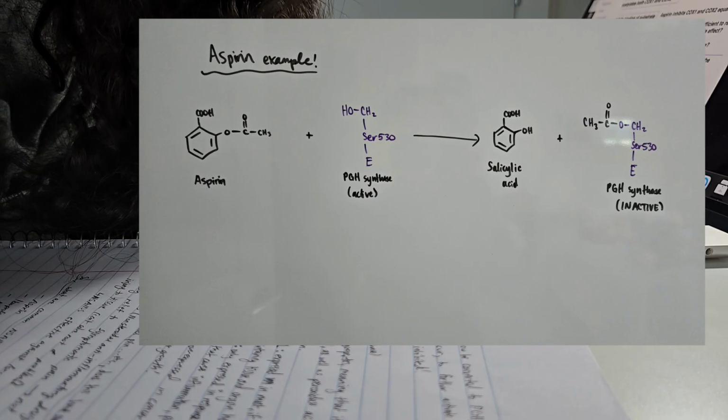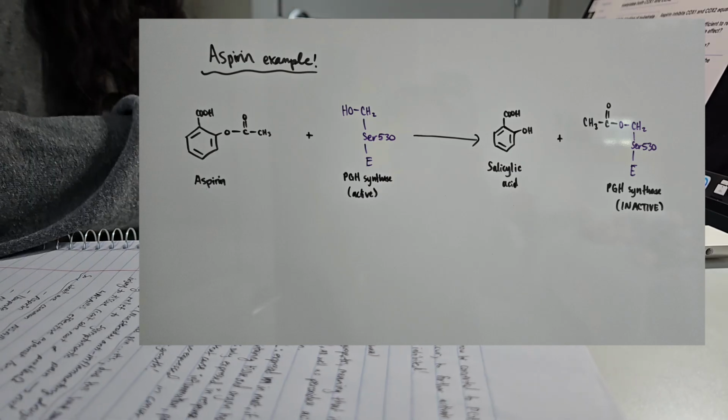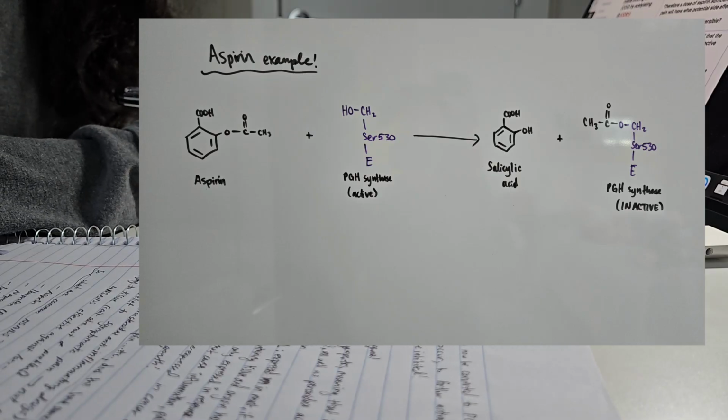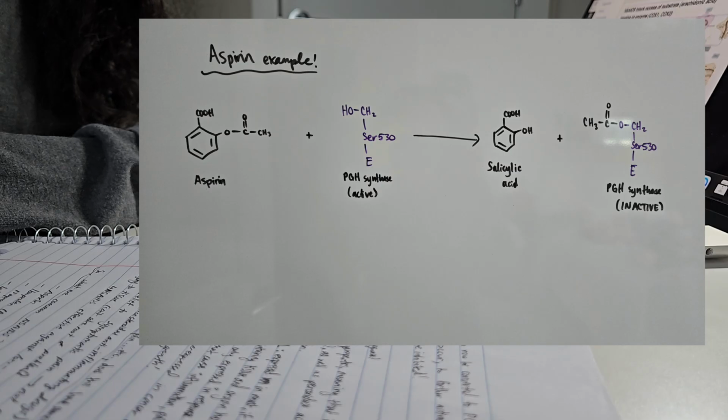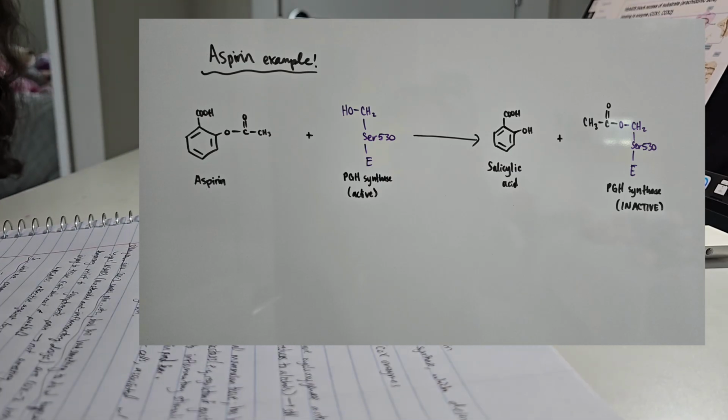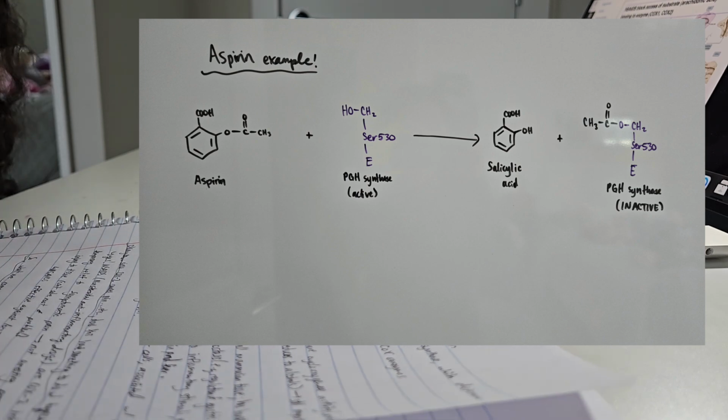So how does this work? For an example, I have aspirin. It inhibits the binding of PGH2S, also known as COX, by acetylating serine residues. In this case, it inhibits COX-1 here with the serine 530 on both COX-1 and 2, which reduces pain.